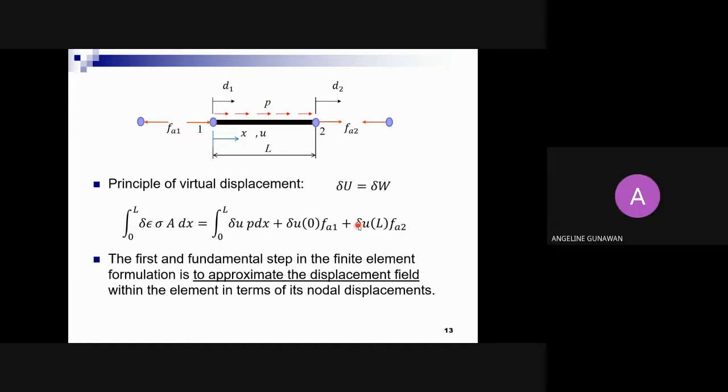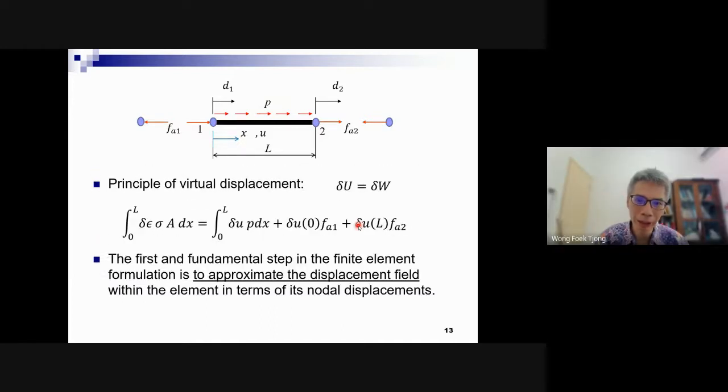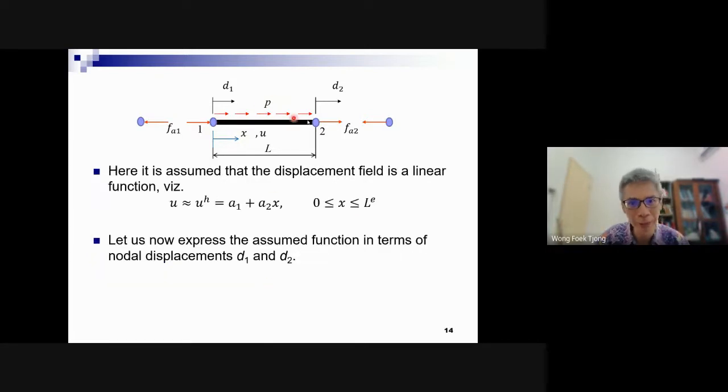So again, we have the weak form and we should approximate the displacement because we don't know the displacement. The displacement is the variable that we want to seek, we want to find it. So approximate. And then for two-noded bar, within the bar, I approximate the displacement is linear. The graph, of course, is linear like this, maybe a straight line.